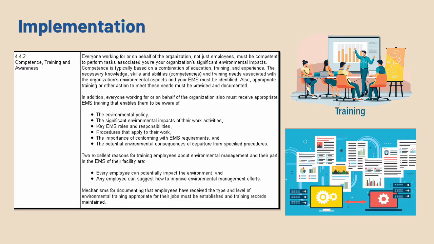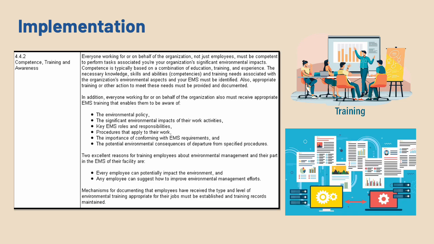Now let's move on to a critical aspect of EMS, that is implementation, which includes training, awareness and competency. There are a few points under implementation, for example, structure and responsibility, training, awareness and competency, communication, documentation.